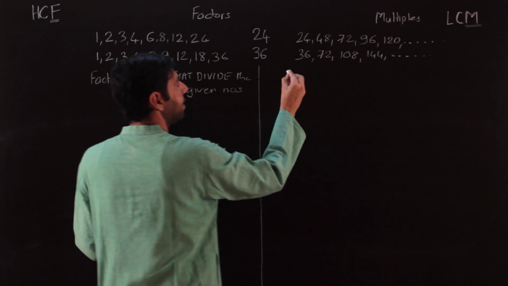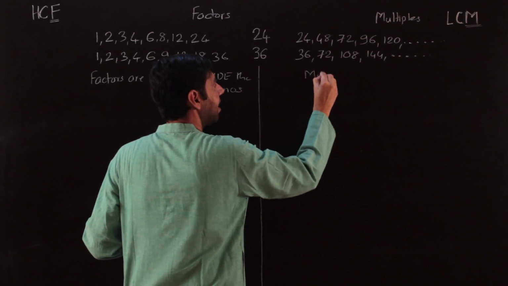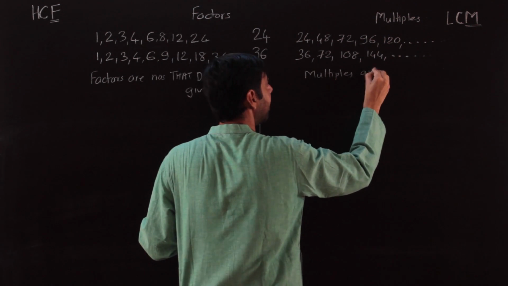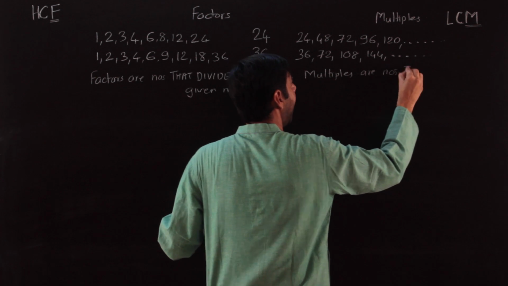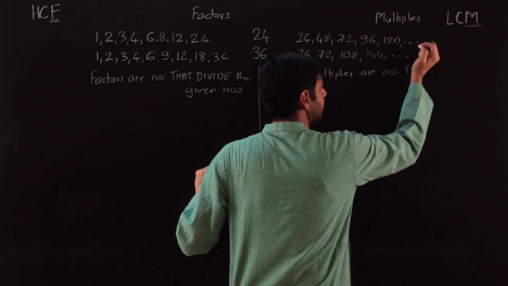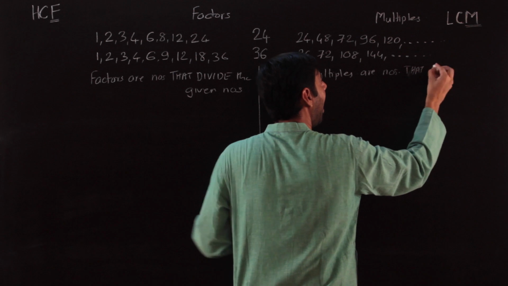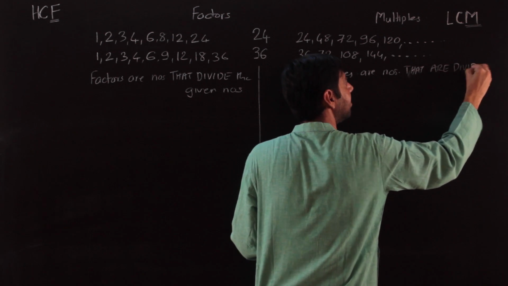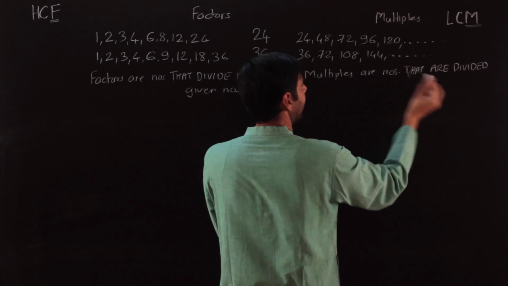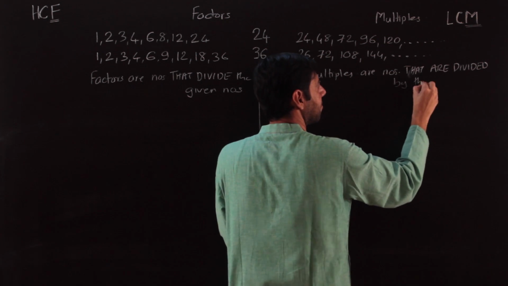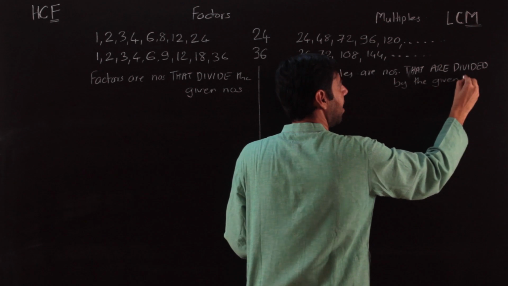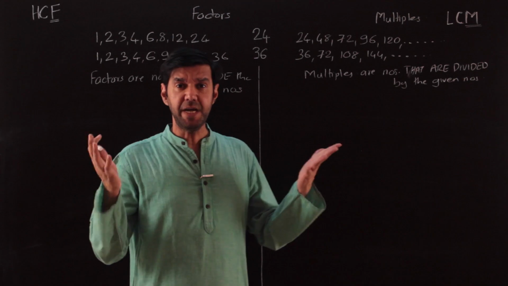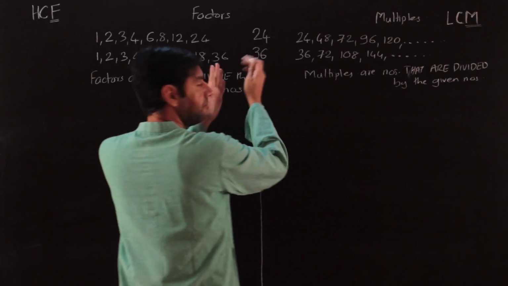So what are multiples now? Multiples are numbers, let me use similar language, that are divided by the given numbers. Why I'm doing this is, for me it's crystal clear, this framework.